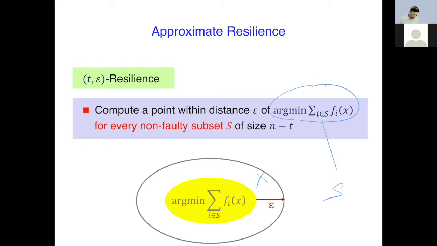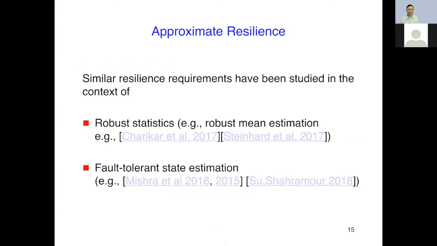And I want this point to be within distance epsilon of every such set. That's my weakened version of the resilience requirement that we call (T, epsilon) resilience here. But again, the intuition is that we are within distance epsilon of the true output of the problem that we set out to solve. At least that's the intuitive goal, but it's stated this way.